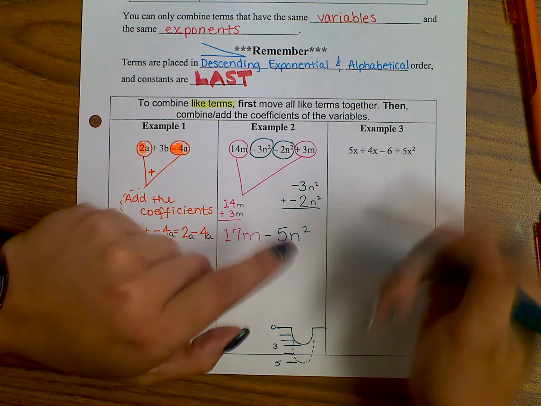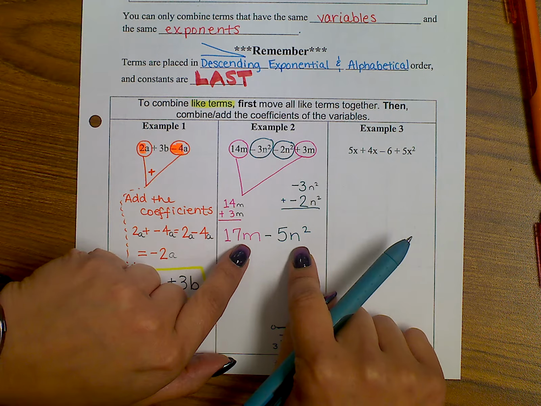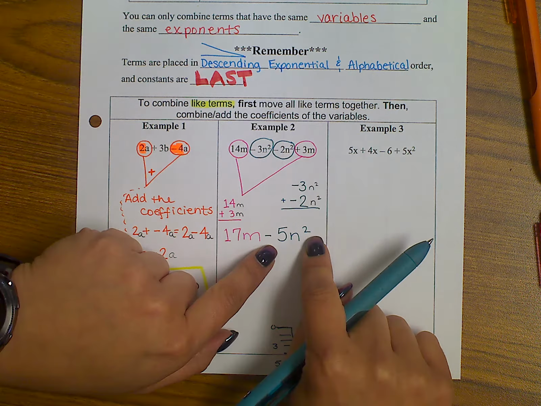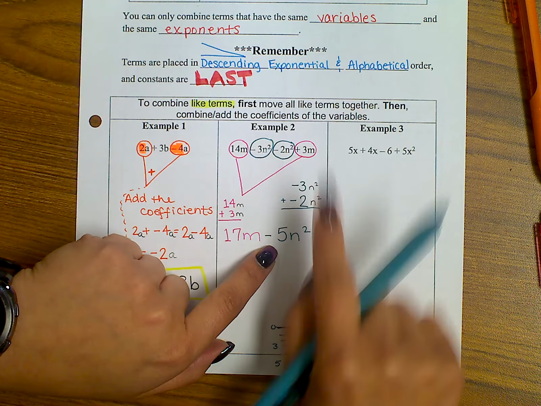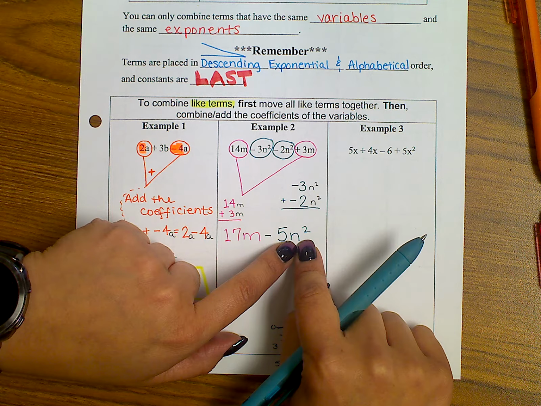Now, lastly, take a look and ensure that you are in alphabetical order. Oh, well, actually the way that we had put this, yes, m comes before n. Now, whenever it comes to descending exponential order, that would be the exponents, but they have to have the same variable.